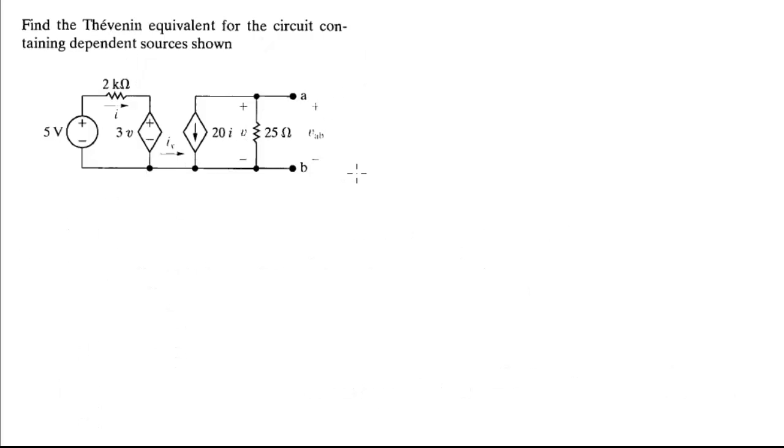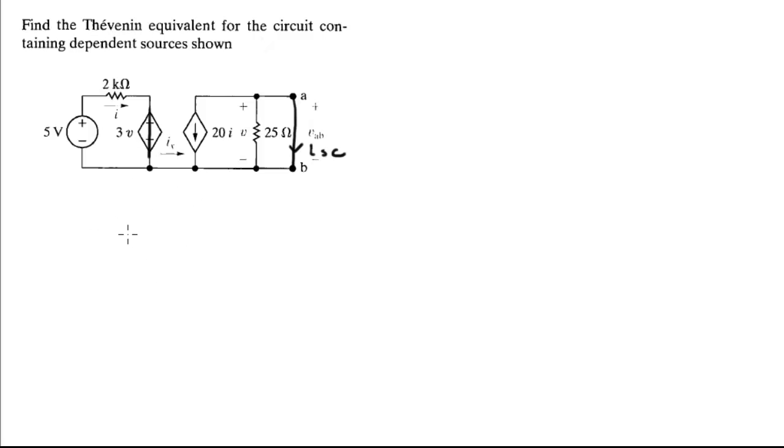That being said, now we have to find the short circuit current, and we have to short this dependent source right here so that the source becomes 0.